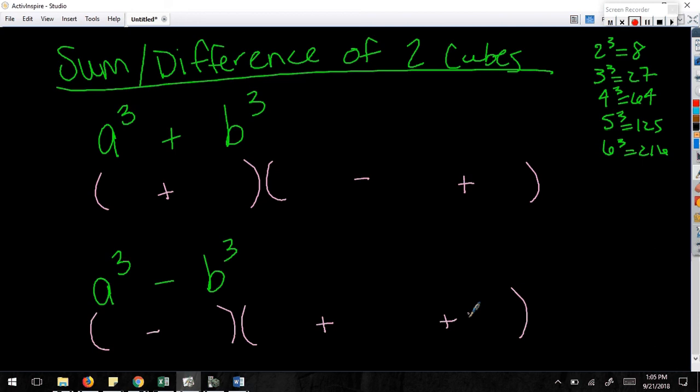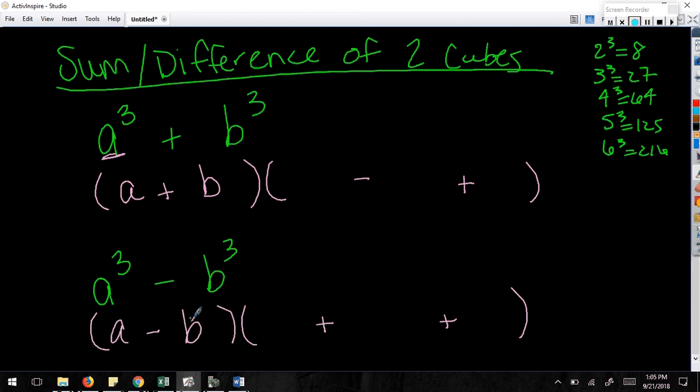All right, in the binomial slot, we're going to put what multiplies to give us this first term to the third. So I'm going to call it A. If A cubed was 64, then what would A be? 4. Okay. Second one's going to be B. Top and bottom are the same.